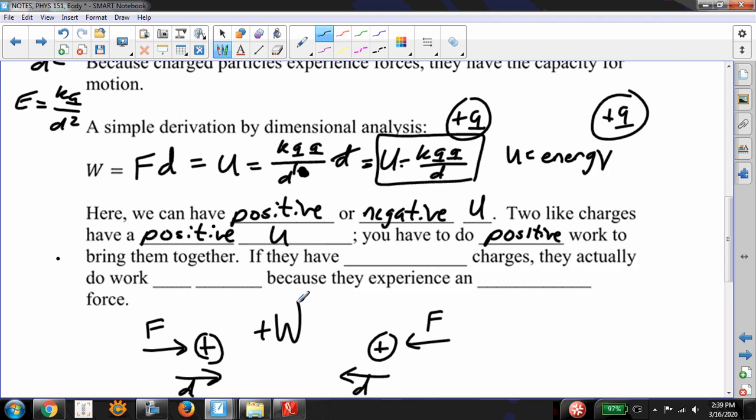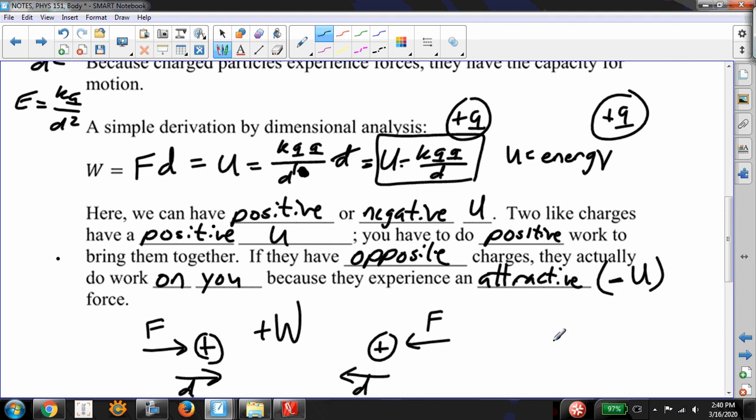If they have opposite charges, they actually do work on you because they experience an attractive force. And that means that those charges are actually doing work on you, they're actually taking energy away from the system. So we're going to say that they have a negative potential energy.